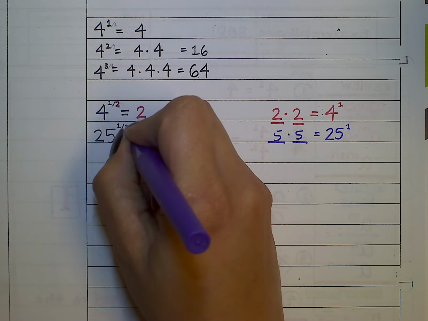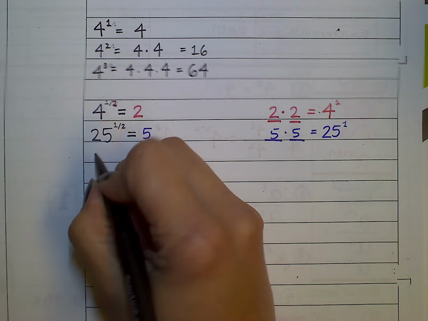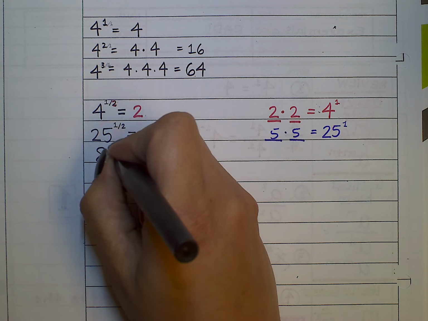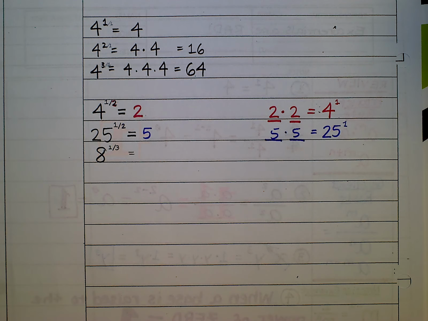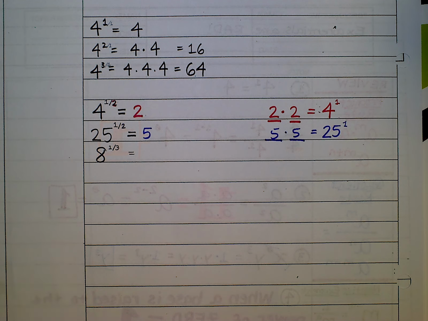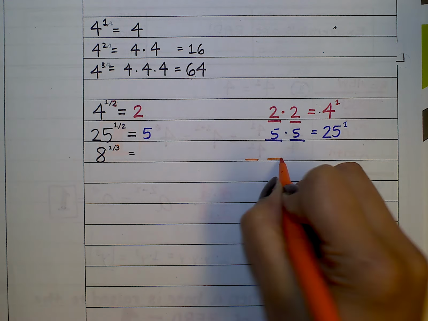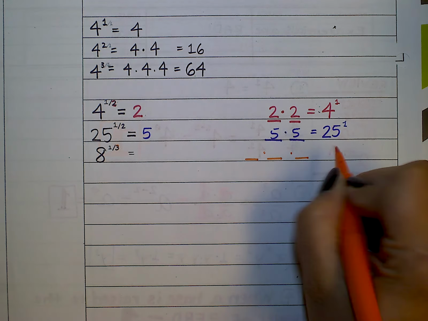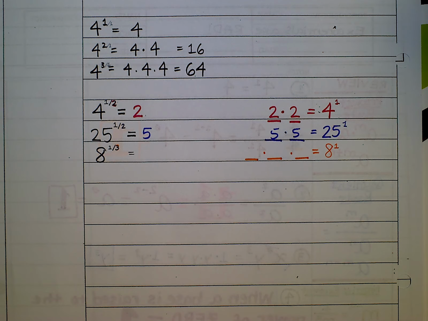Okay. So let's try this again. What if I gave you 8 to the 1/3 power? All right, well, now this time I have 3 blanks: 1, 2, 3. And it should give me 8 to the power of 1.